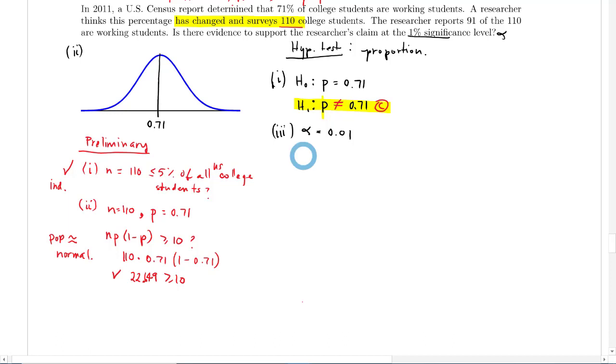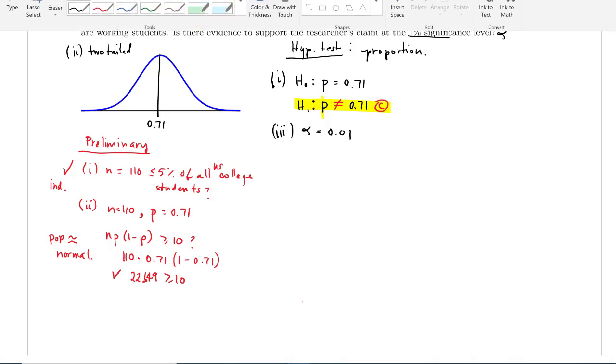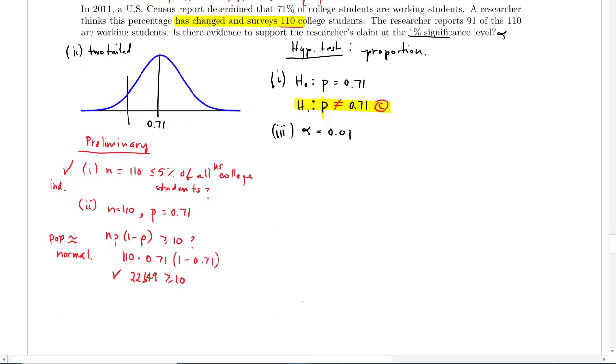There's something over here, and something over here in the other tail. So if 1% is in both tails, then what is in each tail? Well, 0.01 over 2 is 0.005. So there's 0.005 in here and 0.005 in here.